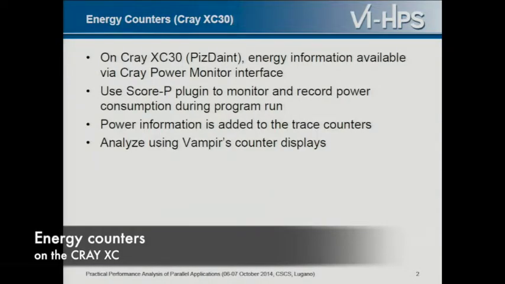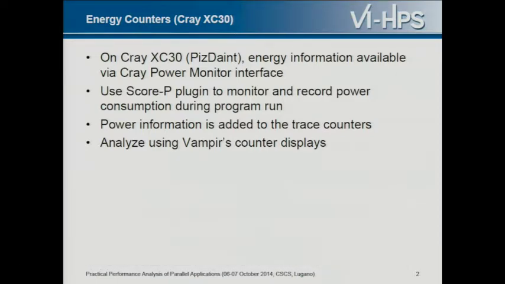Okay, so first thing is energy counters. On the Cray XC system, energy information is available via this Cray power monitor. You could say interface. It's not a performance tools interface per se. It's actually a couple of files in a sysfs file system that can be queried while an application is running, and gives you information about the power usage and the update frequency of this power usage.